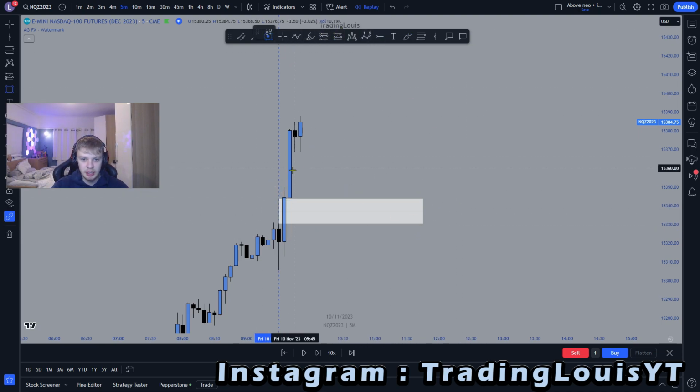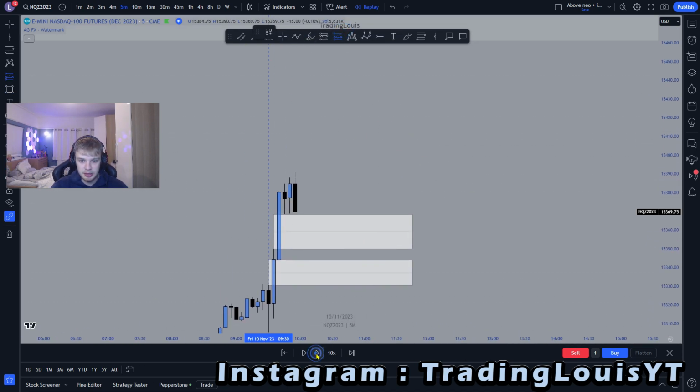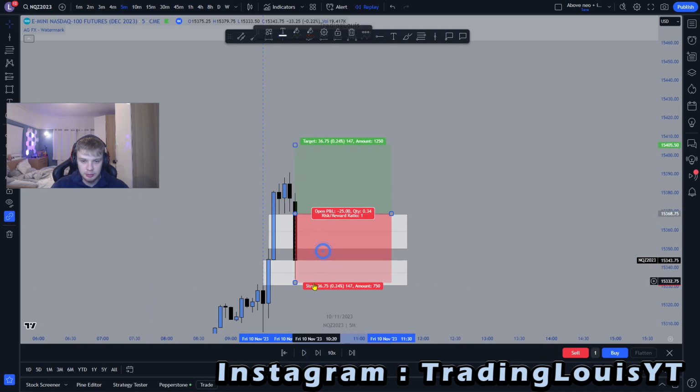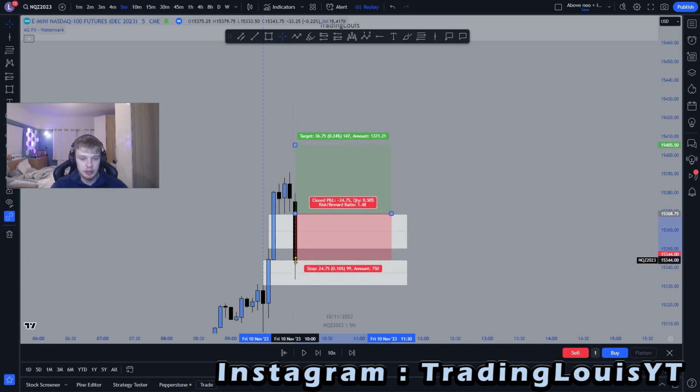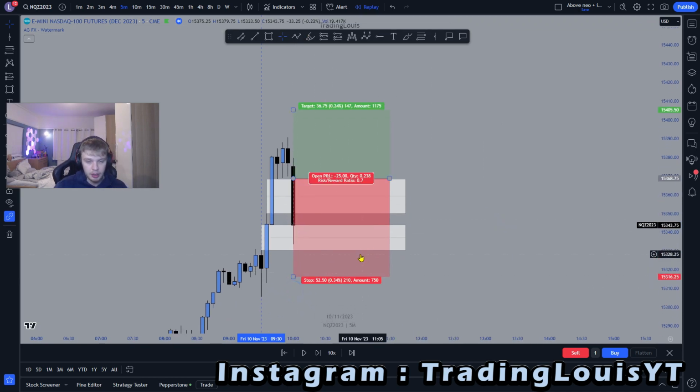So let's say we ignore this bottom fair value gap and we have this fair value gap right here, and price taps into this fair value gap. I would not take a long position right here because the risk reward wouldn't be as good, and we have this fair value gap below that is most likely going to be tapped into.